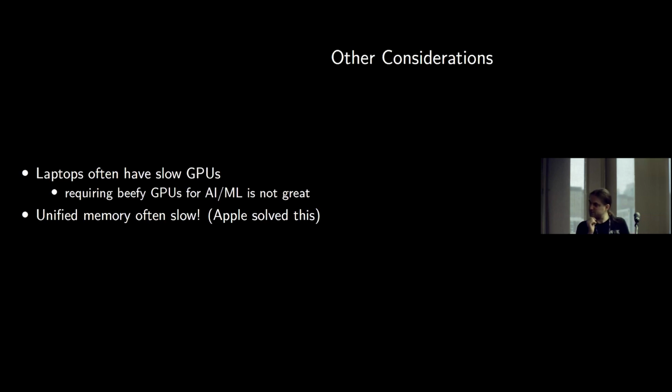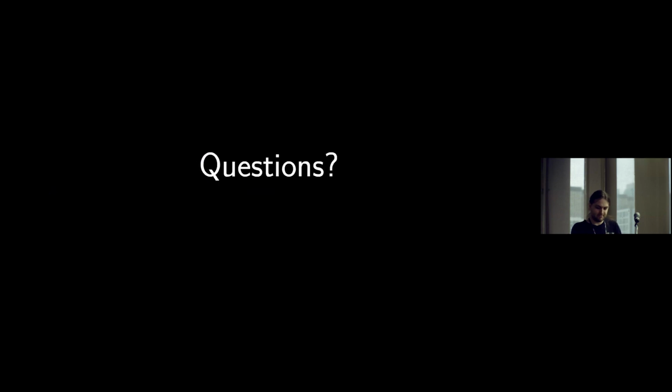The GPUs you usually deal with have discrete memory, which is super fast, but on your normal x86 laptop, it's pretty slow. Apple luckily solved this. So if you run compute workloads on your MacBook or whatever, it's decently fast compared to what you usually see on Intel laptops.